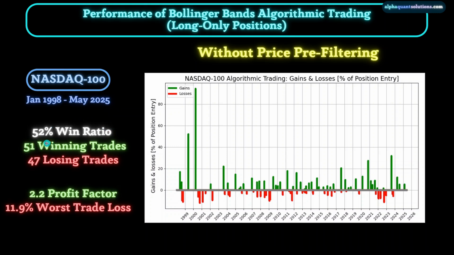We have more than tripled the number of trades, 3.5 times as much as before. The win ratio is more or less in the same ballpark. And if we triple the number of trades, we will also have additional costs, so more trading fees and more costs due to market impact.